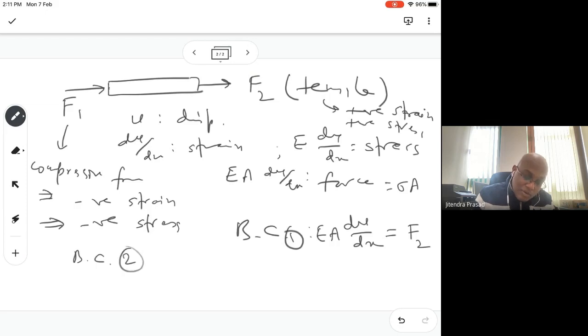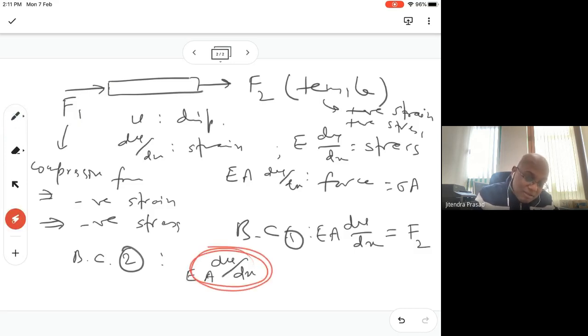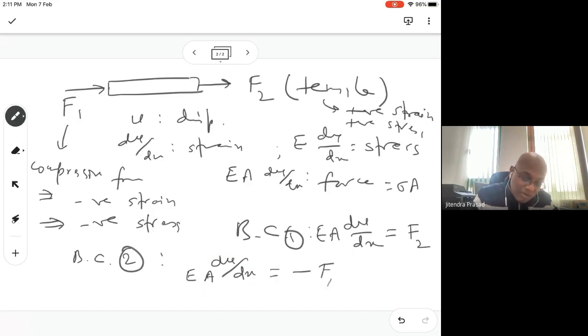Now boundary condition number 2, what do we know? Here this is compressive, right? So whatever the force is, we have to write this in terms of a strain. In terms of a strain, this is compressive. So what we should get is some negative value, meaning that BC2 will be EA du over dx has to be negative. E is a positive number, A is a positive number, so the whole thing has to be a negative number, and it should be a force basically, which is equal to minus F1.